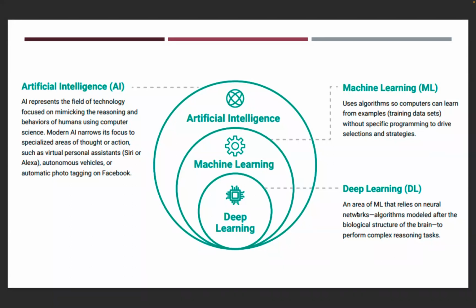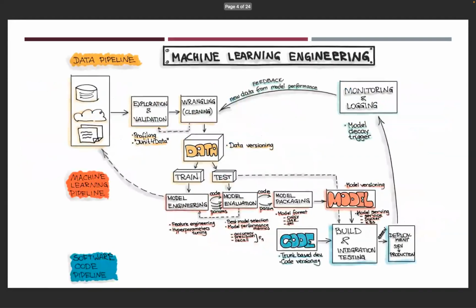If we're working with regular mathematical or scientific algorithms, we could use machine learning. If we're working with how the human brain works, with neural networks, we can use the deep learning approach. So that is the basic outline of AI, ML, and deep learning.